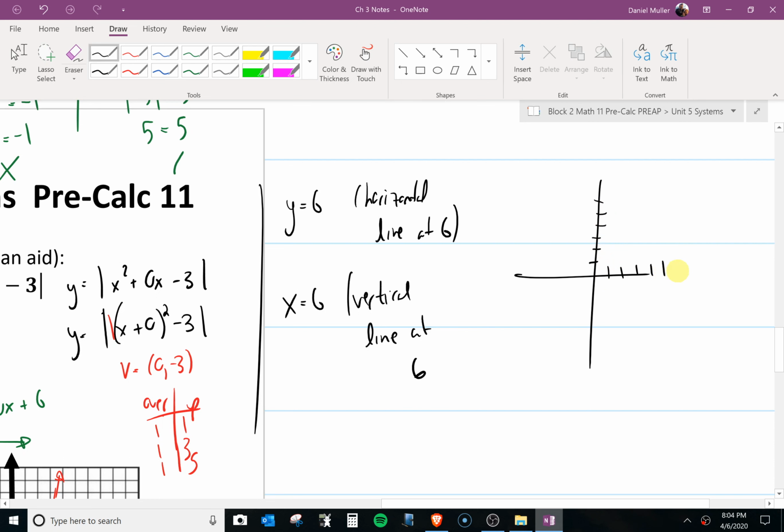If y equals 6 right here, that is going to be a line that's right there at 6. And then if you had x equals 6, that means you're going to have a vertical line right there. So I'll pause on that because both of those make a play at some point in these notes and in the worksheets. You need to remember which one is which.